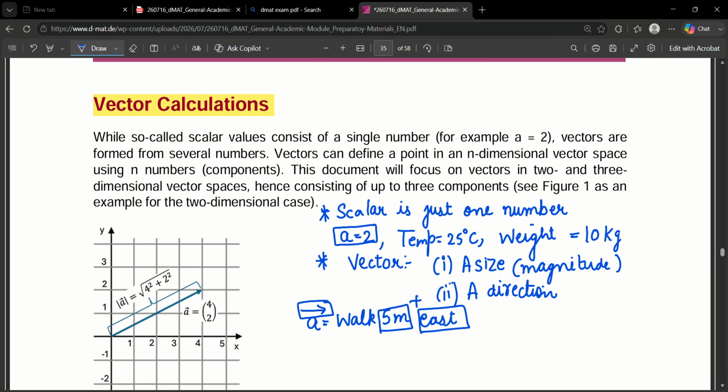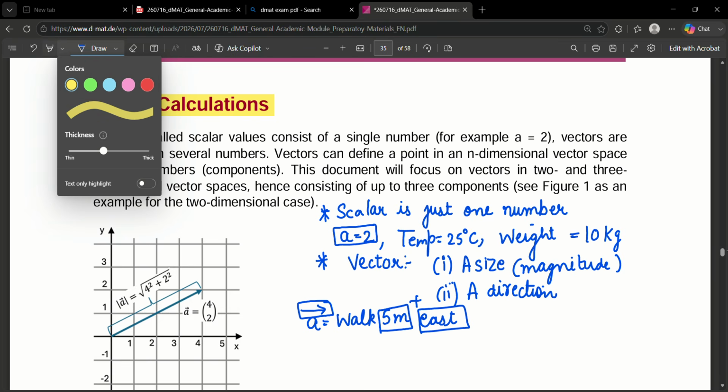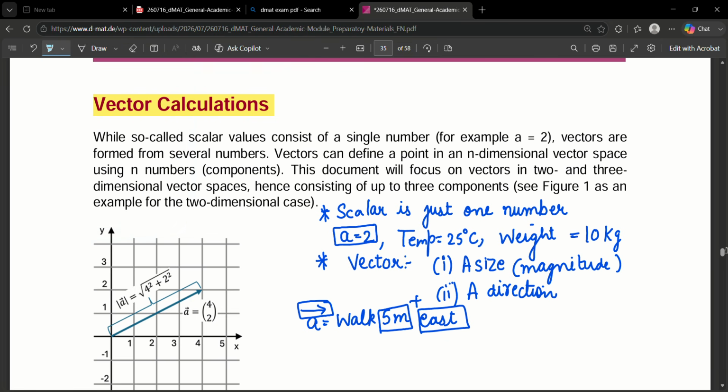So now what they are talking about here: while so-called scalar values consist of a single number, for example a equal to 2, vectors are formed from several numbers. Vectors can define a point in n-dimensional vector space using n numbers.